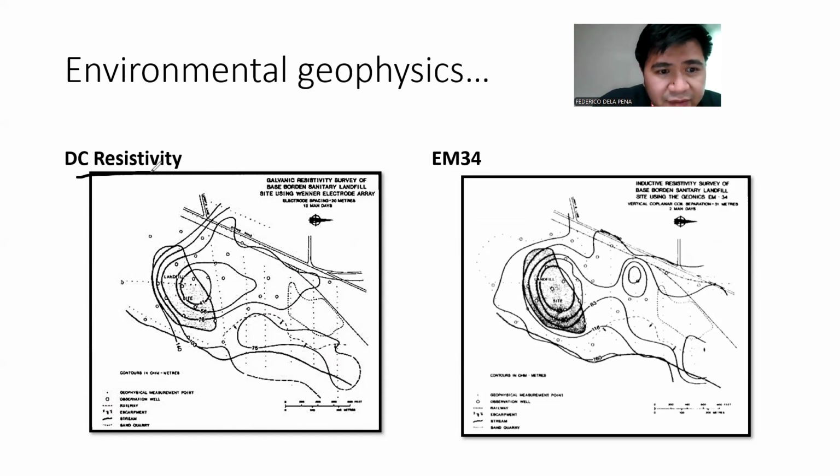For the case of resistivity, you have low resistivity towards the landfill, and for the case of EM, you have high conductivity near the landfill. Actually, the EM seems to be better at capturing the landfill. If you look at the contour lines, the anomalies in the EM seem to match the landfill better compared to the DC resistivity.